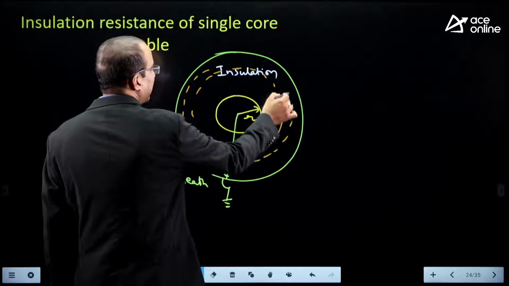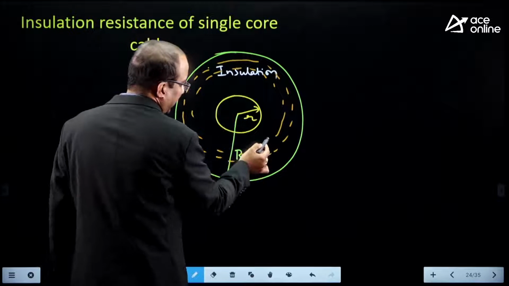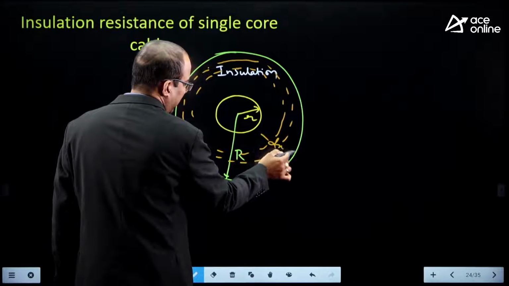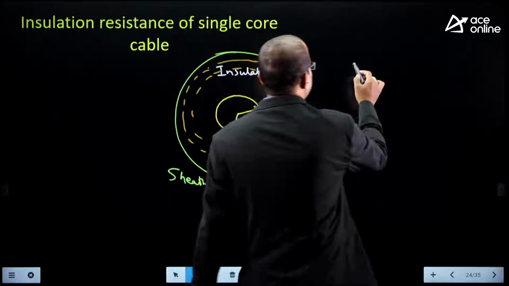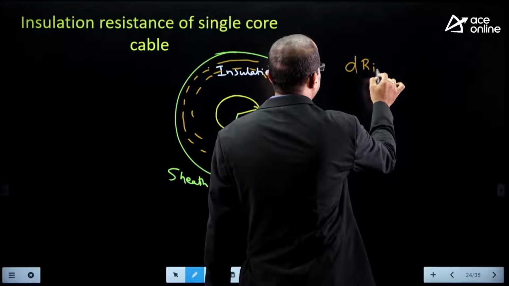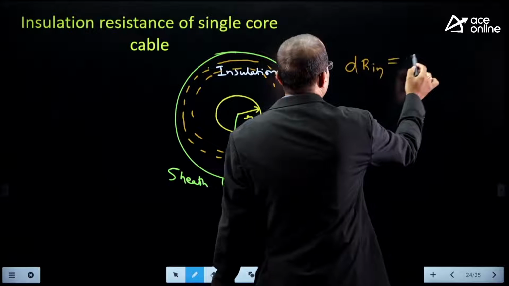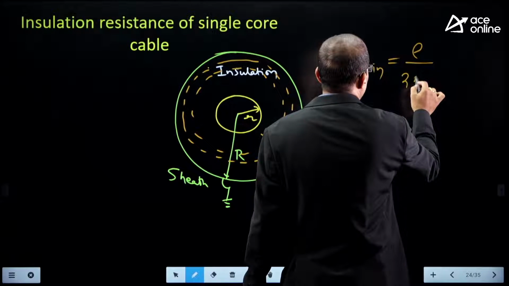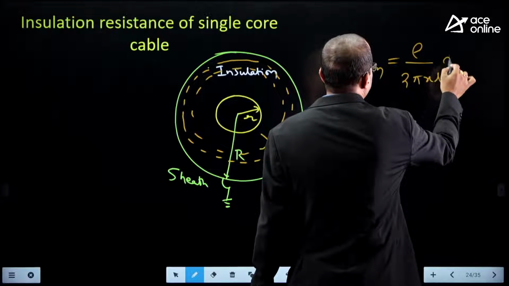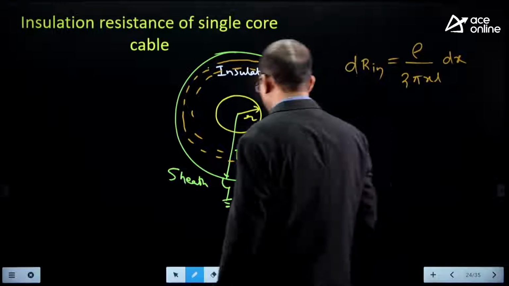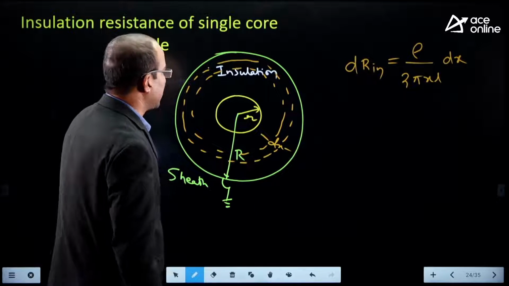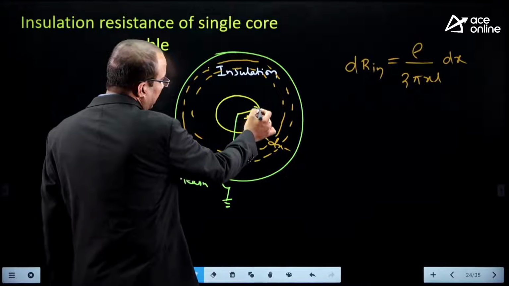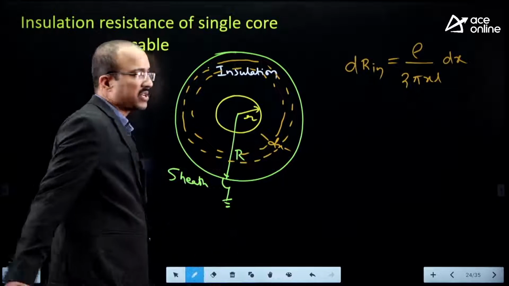First let us calculate the insulation resistance of this segment dx. dR is equal to rho by 2 pi x into L into dx. This insulation is from the surface of the conductor to the sheath.